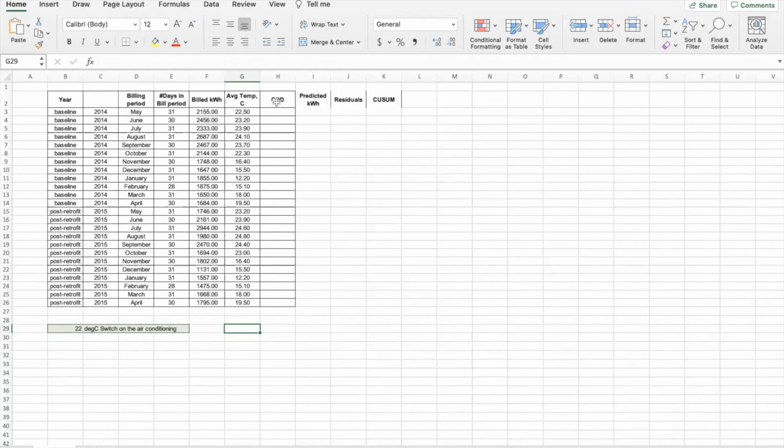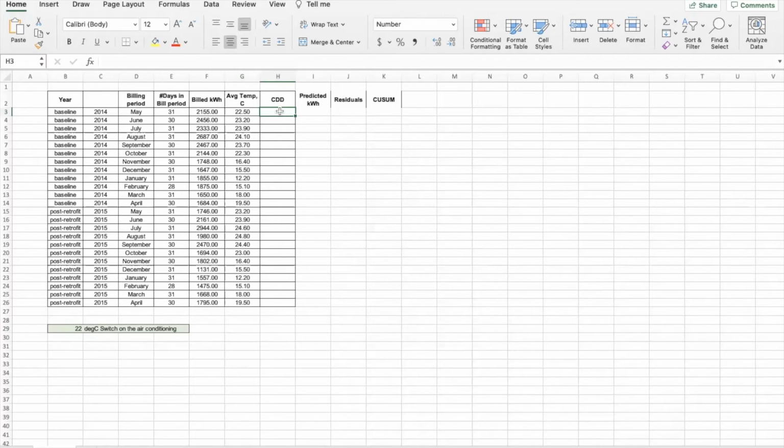Because now we are obtaining CDD, if the temperature goes above 22, then it will count the residual, or the difference. If the temperature is below 22, the CDD will be 0.